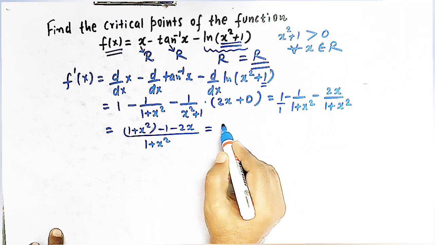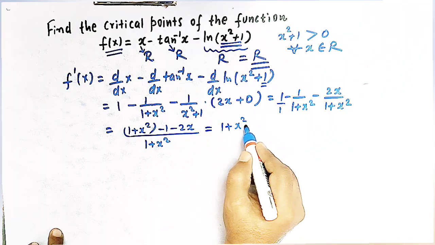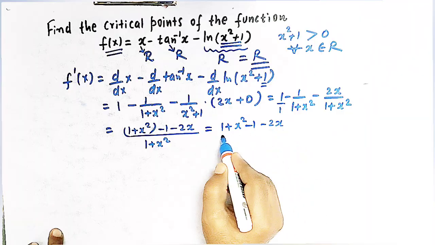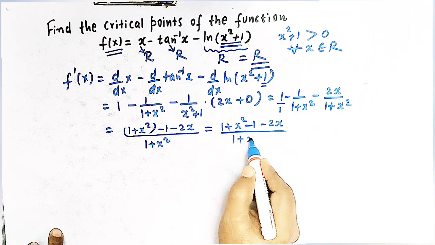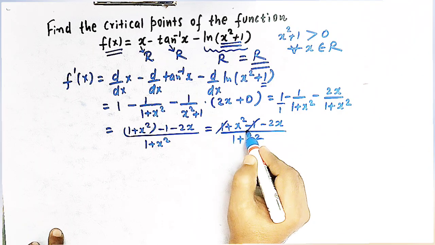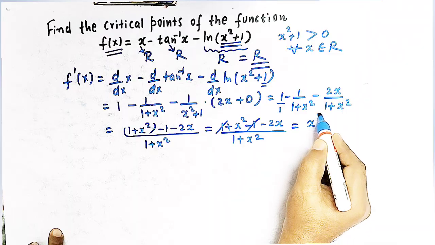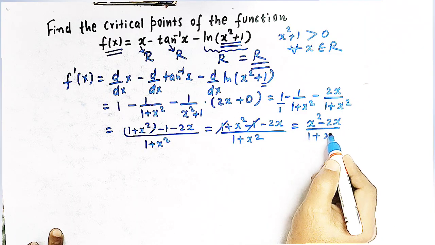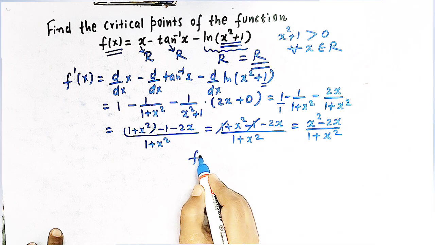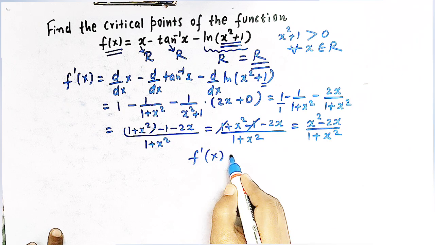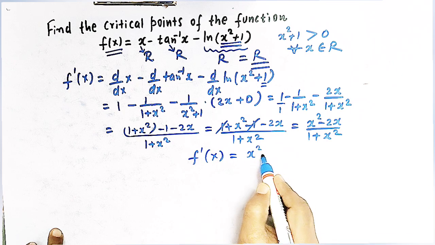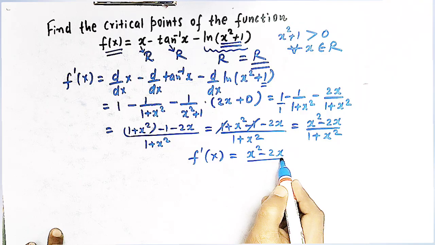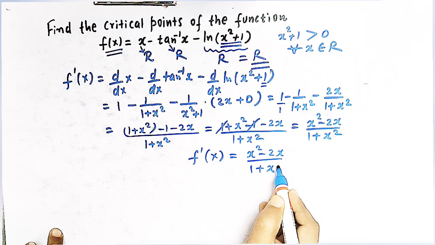And this is 1 plus x square minus 1 minus 2x over 1 plus x square. 1 and minus 1 get cancelled. We have x square minus 2x over 1 plus x square. So the derivative, that is f prime of x, is equal to x square minus 2x over 1 plus x square.